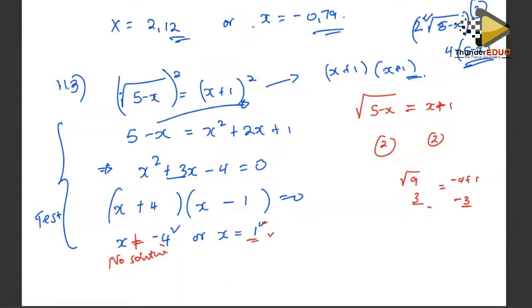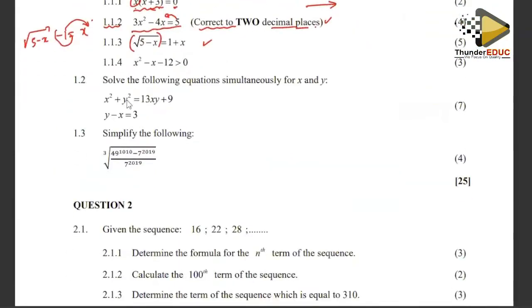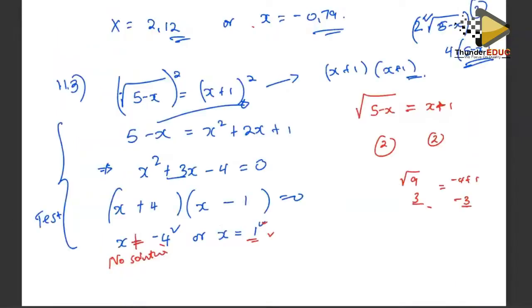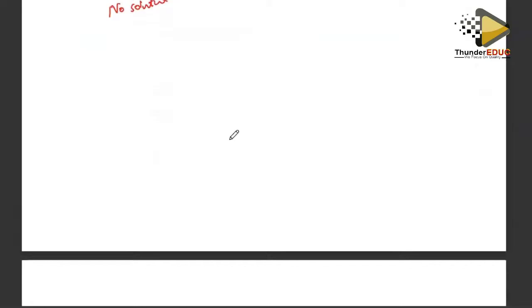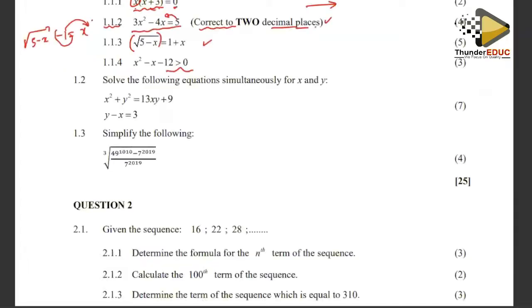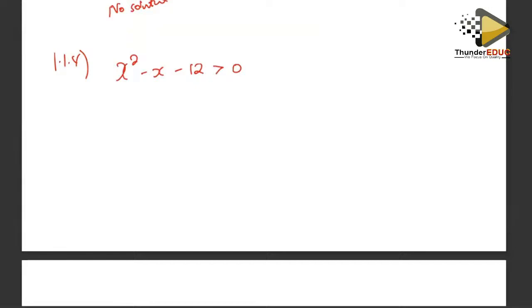All right, then we move on to the next question, which is 1.1.4. We have the inequality: x squared minus x minus 12 is greater than 0. Okay, so inequalities, still just solve them the way you solve normal equations. If we factor this out, we're going to have x minus 4 and x plus 3 is greater than 0.